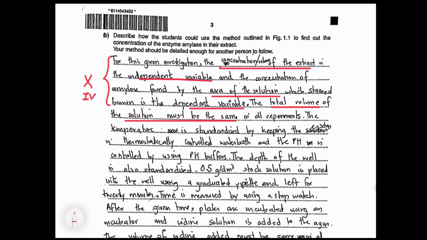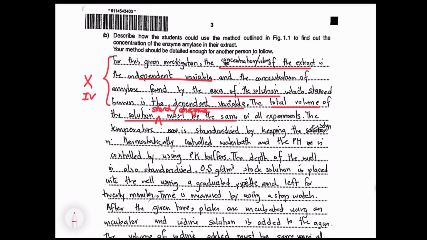But in this case, do you really know what solution's volume needs to be standardized? That's the question mark. What solution? If possible, you must mention, like, starch, enzyme, or any solution or reagent that you are using during the experiment.